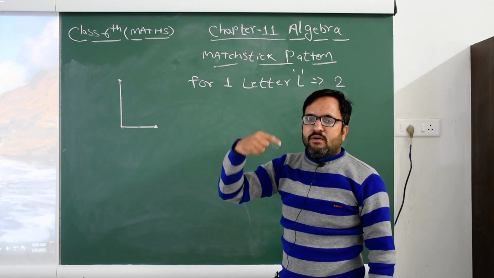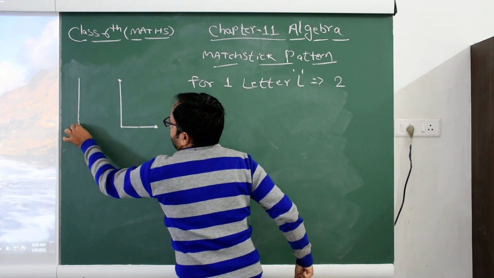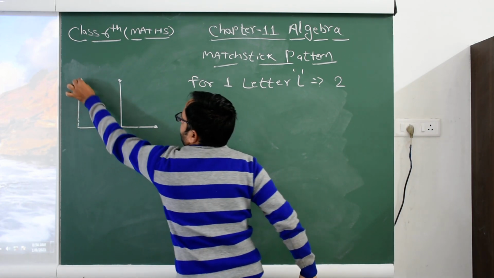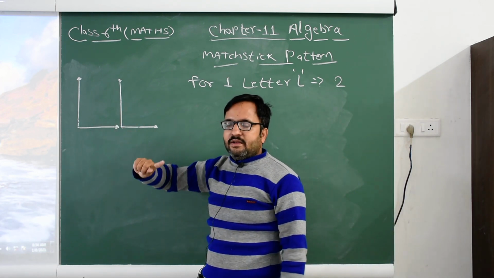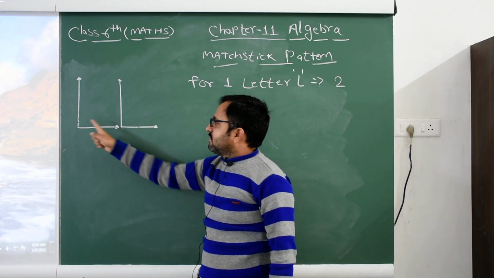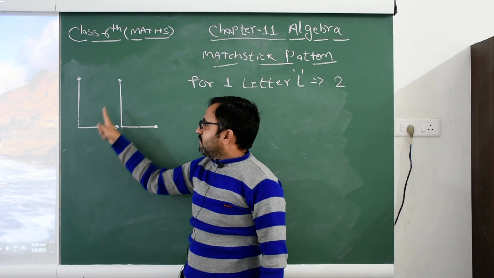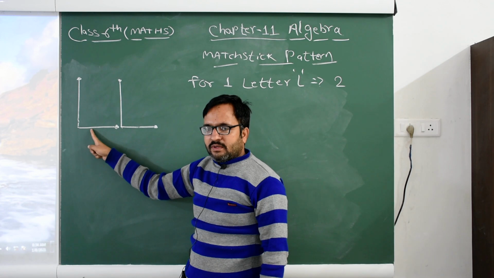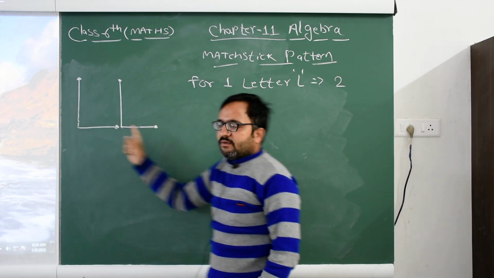If we draw more than 1, that means we again draw the letter L. How many matchsticks do we use? 1 and 2. That means if we draw 2 letter L, we use matchsticks 1, 2, 3, 4.